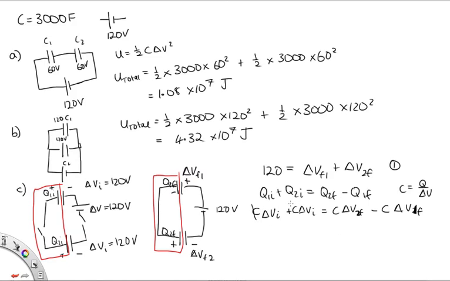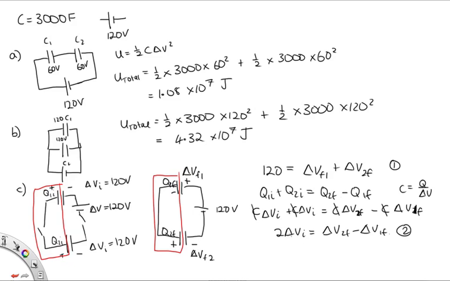The capacitances are all the same, so they cancel out. So we've got 2 delta V initial is equal to delta V2F minus delta V1F. So this is our second simultaneous equation.